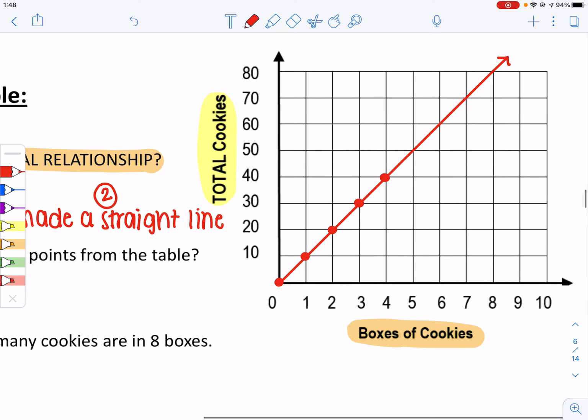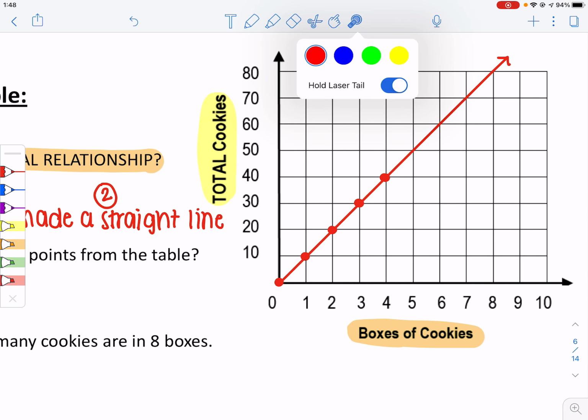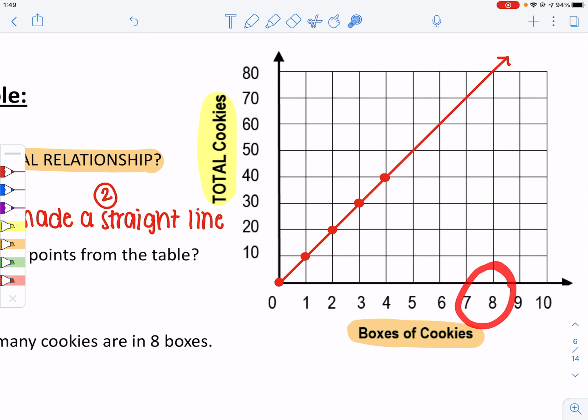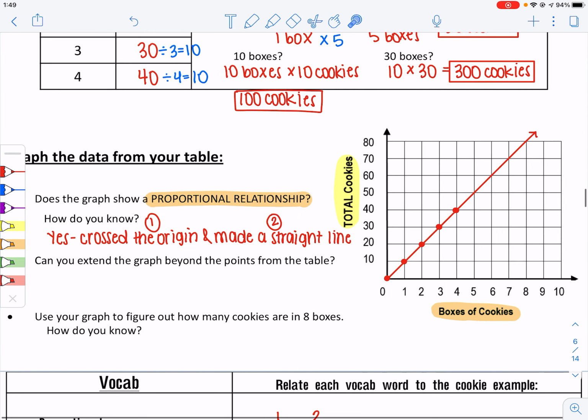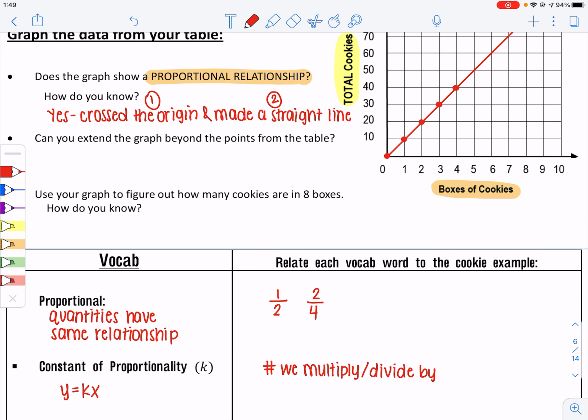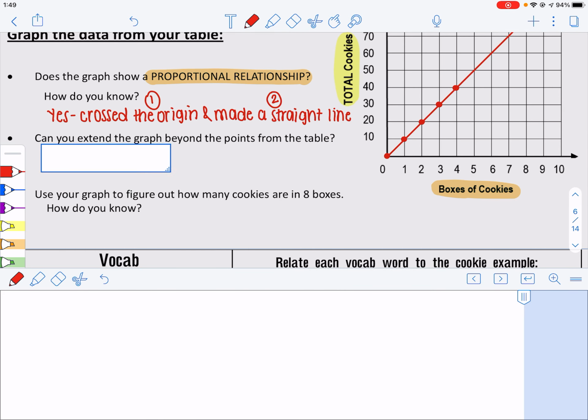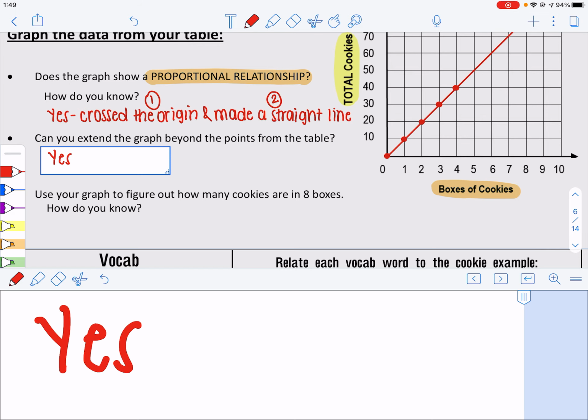That just shows that she can buy more than 8 boxes, where it falls off the graph. She can buy more than 8 boxes of cookies, or she can have a total of more than 80 cookies. She would just have to buy more boxes. So can you extend the graph beyond the points in the table? Yes, you can. That just means she's buying more boxes of cookies.